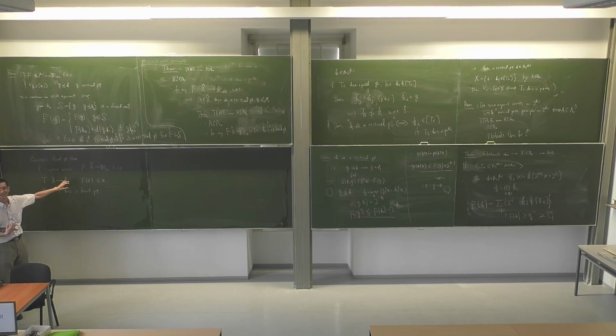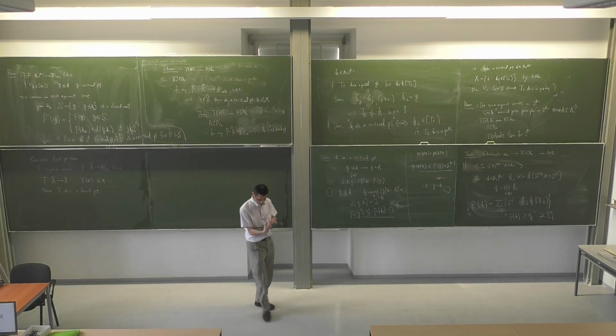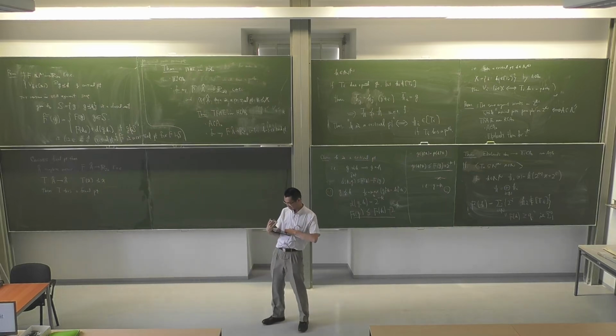Well, it's rather hard to say what's the right restriction of this that gives Banach's fixed point theorem. But conceptually, this is a generalization of Banach's fixed point theorem. And so this theorem is also studied.